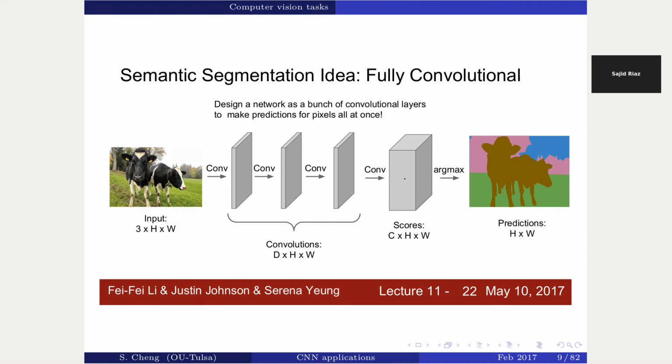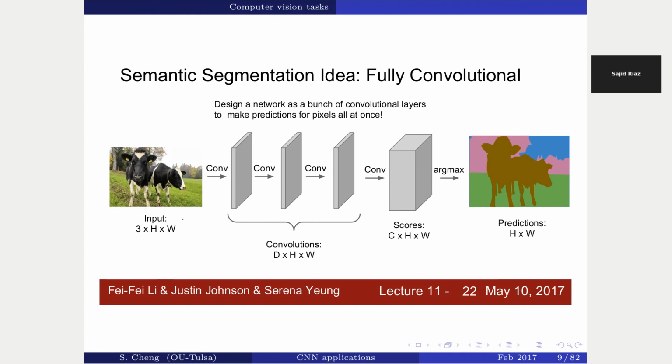For example, I can have a conv layer like that, but since at the very end I'm trying to classify per pixel, at the very end the two-dimensional size of that layer should be the same as the image size, right?